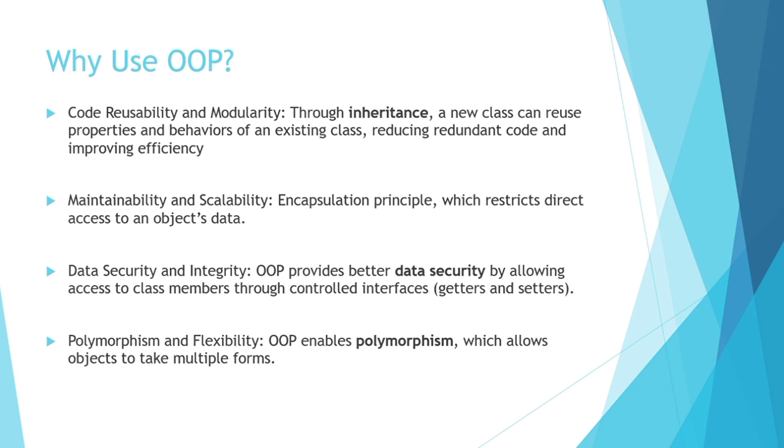Data security and integrity. Object-oriented programming enhances data security and integrity by allowing controlled access to class members through private and protected access modifiers. Instead of exposing data fields directly, object-oriented programming uses getter and setter methods, which enforce validation rules before modifying an object's state.